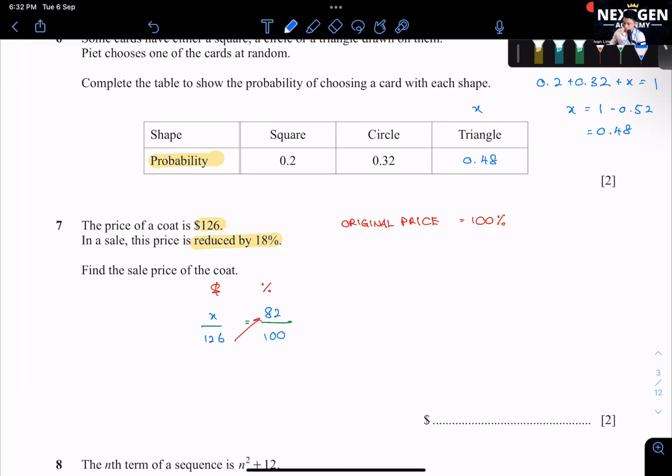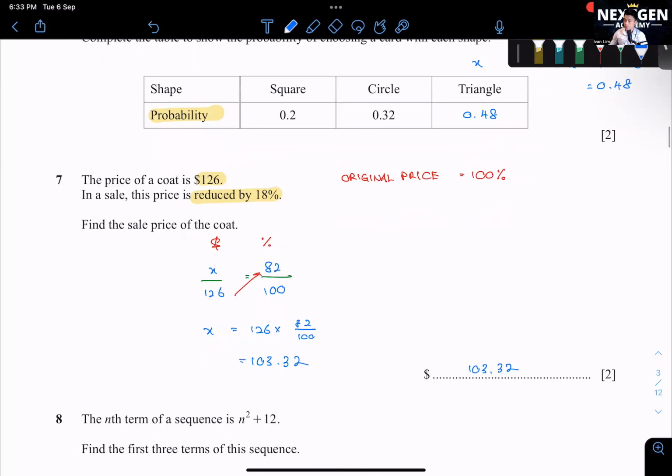You multiply it up, so x will be equal to 126 times 82 over 100. So 126 times 82 divided by 100, you will get 103.32. Be careful, don't lose marks in all of this. All these are free marks for you.